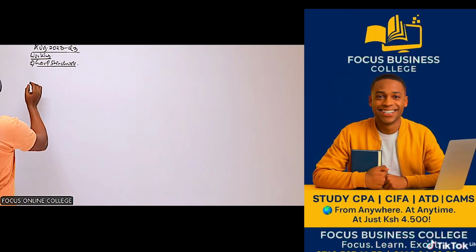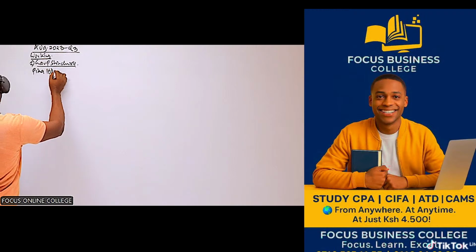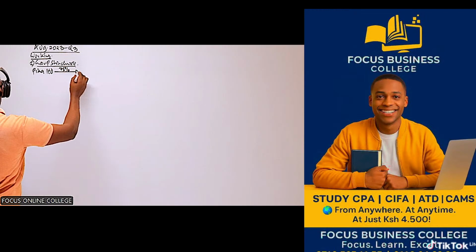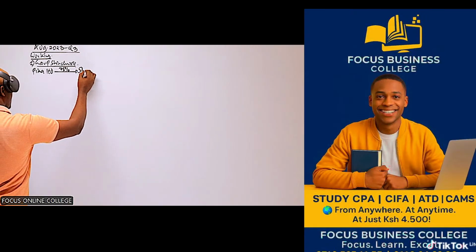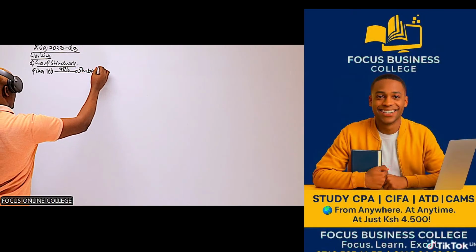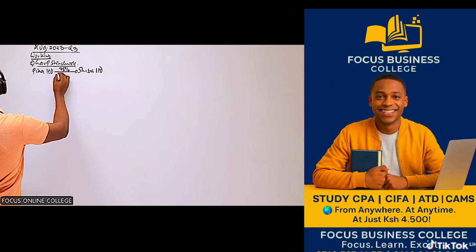We are told on 1st of November 2022, Pika Limited secured 75% equity interest in the company called Shiba Limited, and we are given the date of acquisition, which is 1st November 2022.